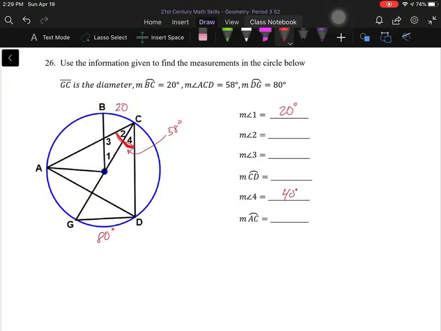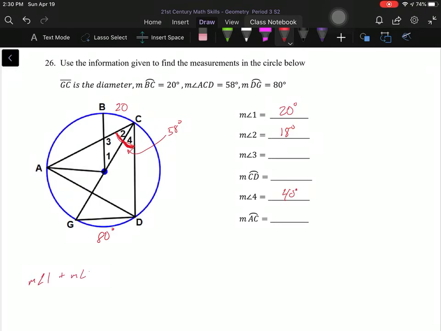Now I can come back and find the measure of angle 2. If 2 and 4 are 58 degrees, and 4 is 40 degrees, I can just take 58 minus 40, and that's going to give me 18 degrees. Okay, now there's a few other things that we can fill in right away. I now know angle 3.